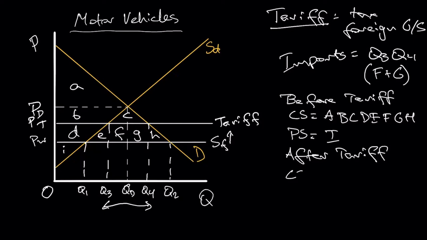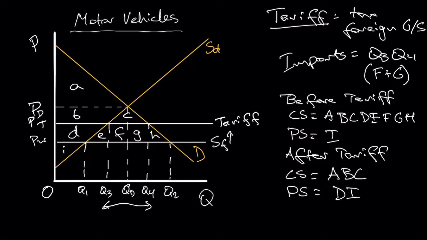Looking at the actual areas, consumer surplus has decreased to area A, B, C. Producer surplus has increased to area D and I. We still see there are some areas that are not accounted for as yet. We know that Q3, Q4 is still taken up by imports, so area F and G.